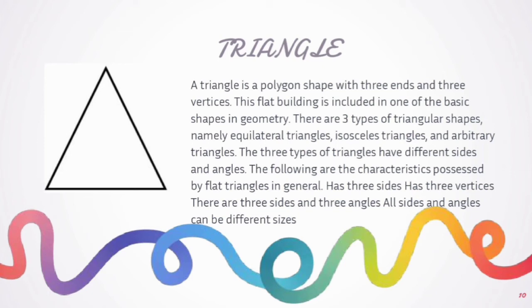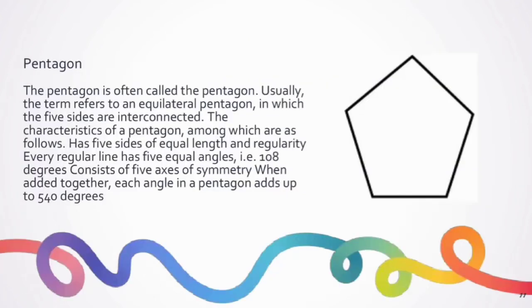The three types of triangle have different sides and angles. The following are the characteristics possessed. The flat triangle in general has three sides, three vertices, and three angles. All sides and angles can be different sizes.